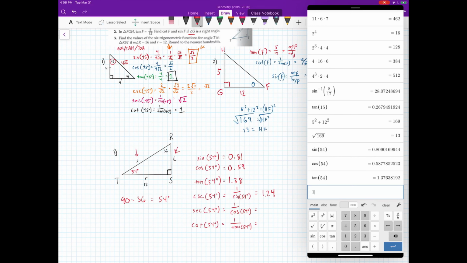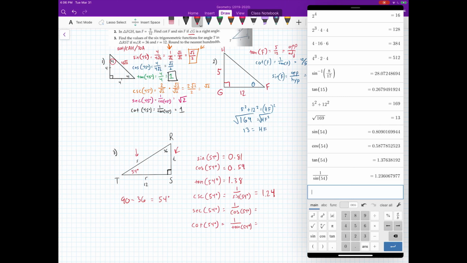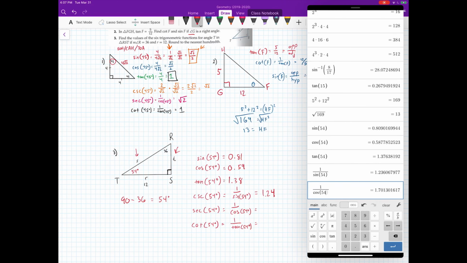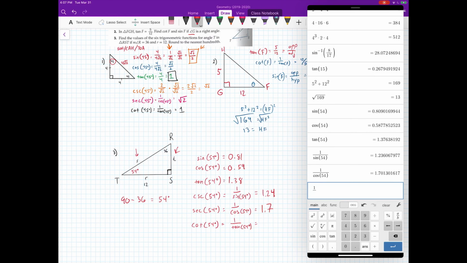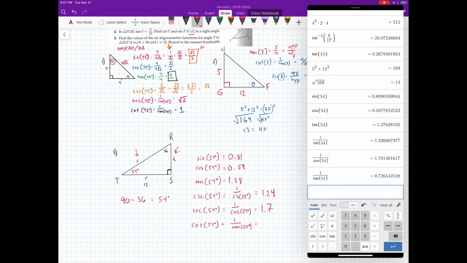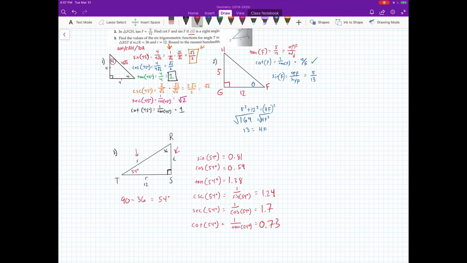Right, so that was 1 divided by sine of 54, then 1 divided by cosine of 54, and that's 1.7, and 1 divided by tangent of 54 for cotangent, and that's 0.73. All right, so that's just an introduction on how to use those reciprocal functions, cosecant, secant, and cotangent, with some examples. And that is the end of 8-4. Thank you.